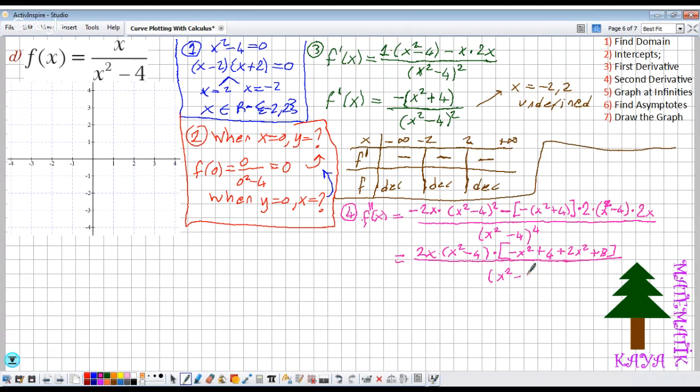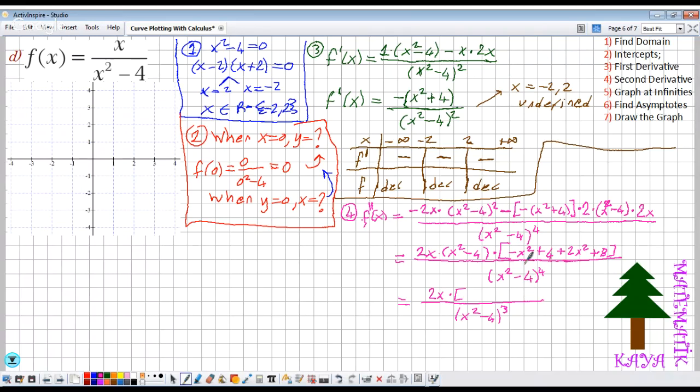Like in the previous example, here we have the same thing inside the parentheses. When you simplify them, there will be a cube in here. It's going to be (x squared minus 4) to the power of 3, and 2x remains up there.